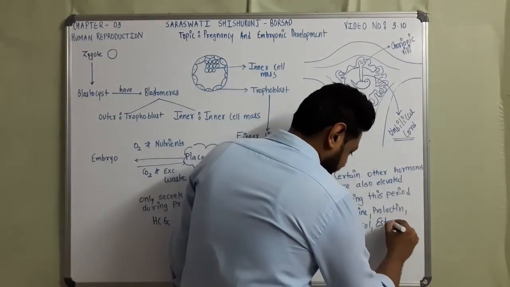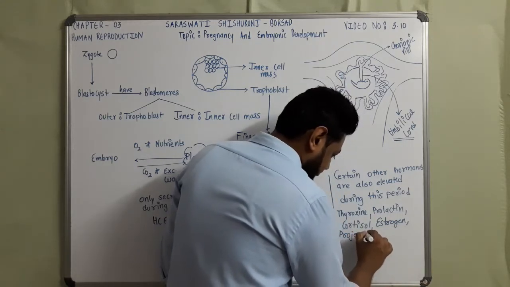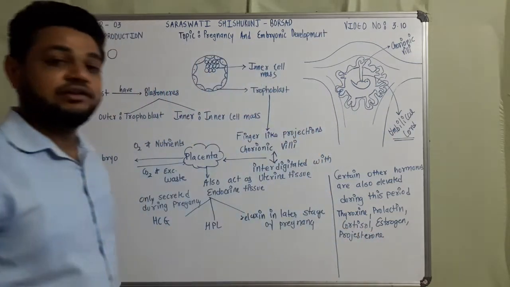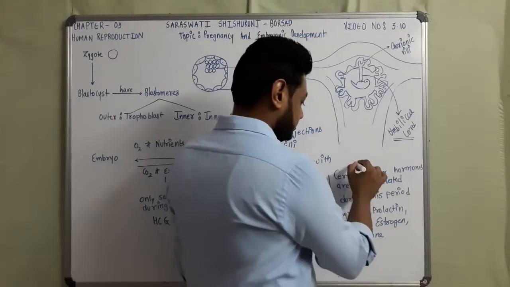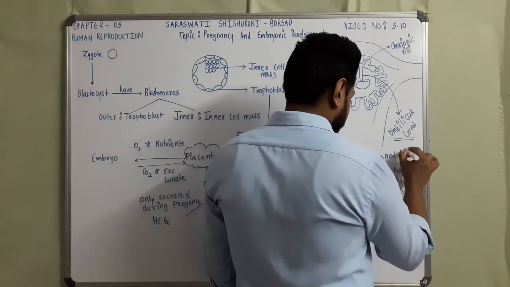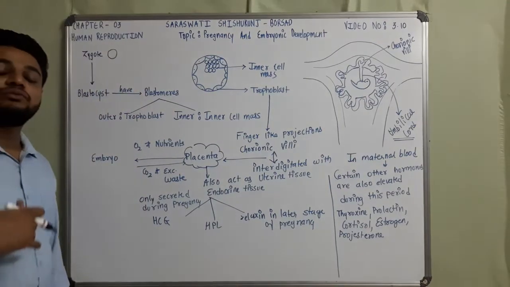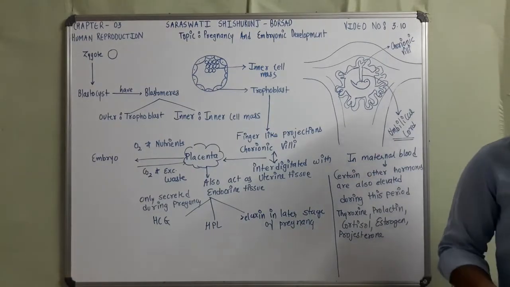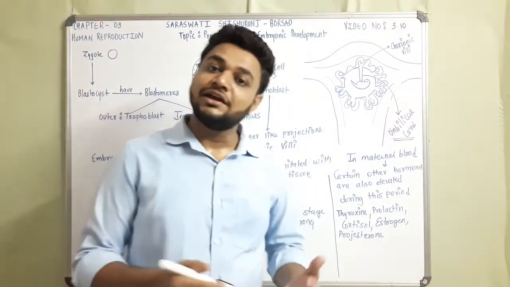Estrogen and progesterone. Now students, what is the role of these? Why are these hormones increased in maternal blood? Maternal blood shows an increase in these hormones at this phase. This is to maintain proper fetal growth, to maintain the uterus wall, and the maintenance of the entire metabolic activity.